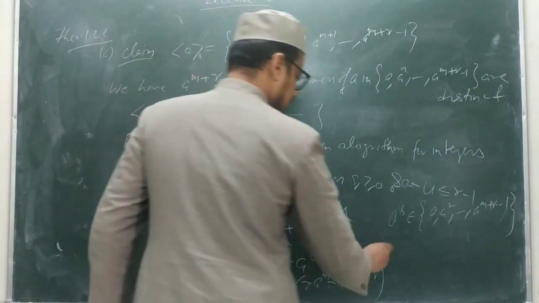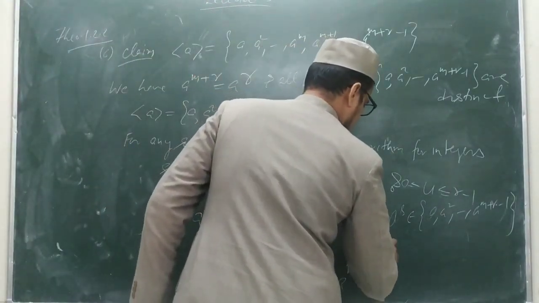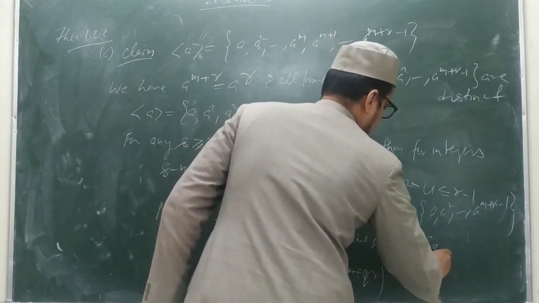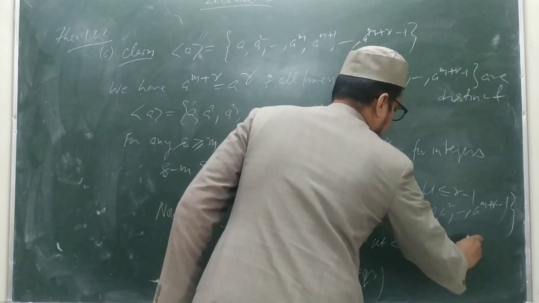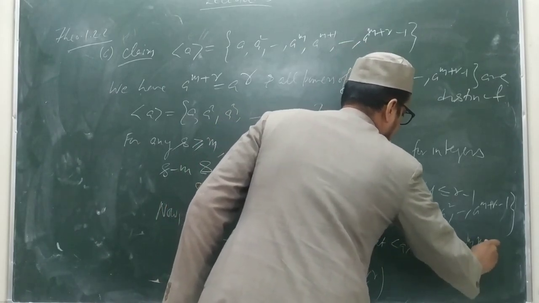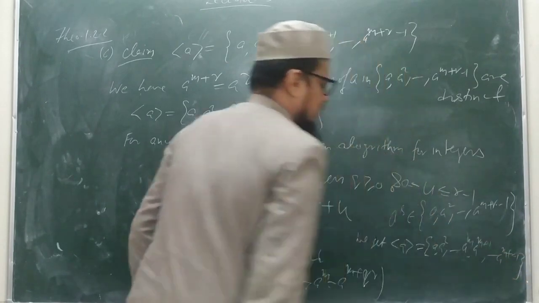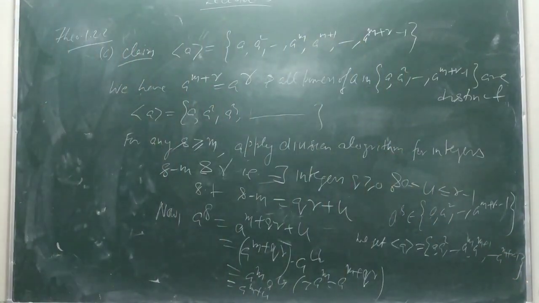So actually, we get the monogenic subsemigroup equal to a square, and so on, a^(m+1), a^(m+r-1). So in this way, part C is true.